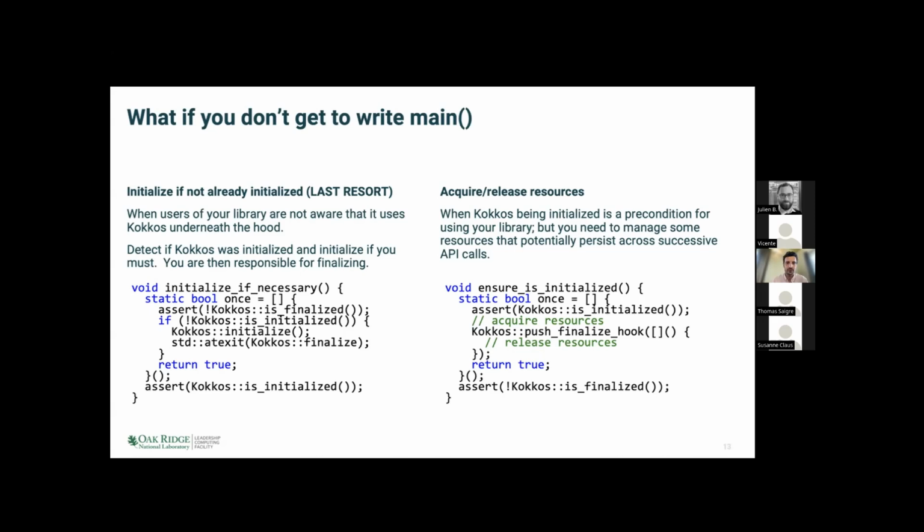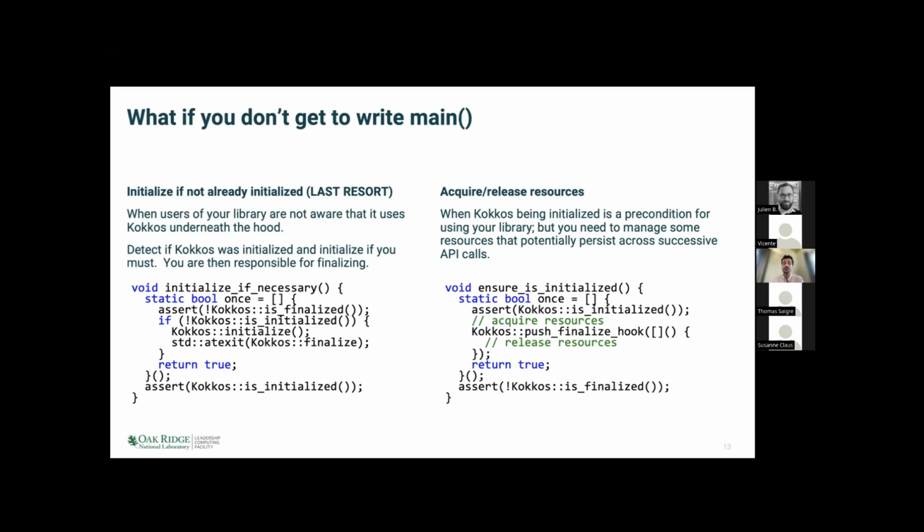And for performance reasons, you don't want to deallocate and reallocate at each API call. That's inefficient. So what you could do is have a similar pattern where you check that Kokkos is initialized. On the first call, you again have this trick with an immediately invoked lambda and a static variable.